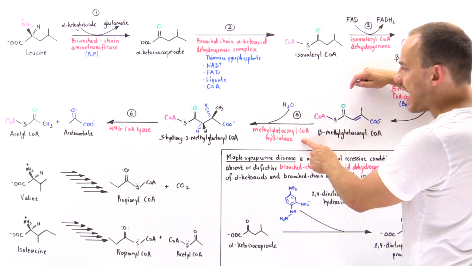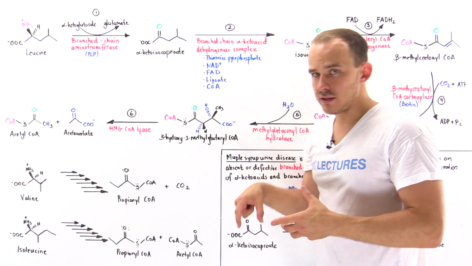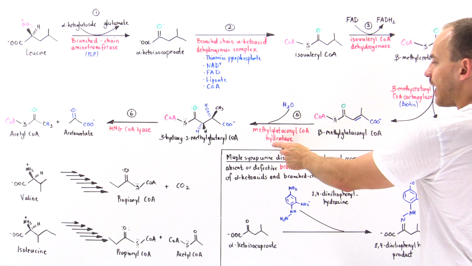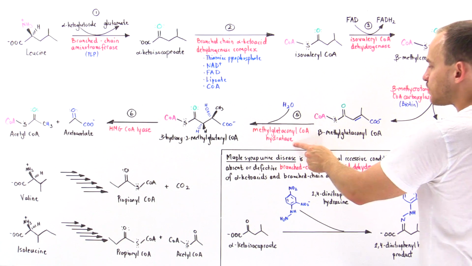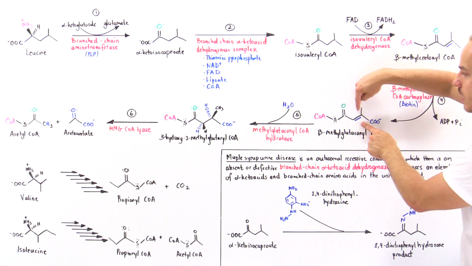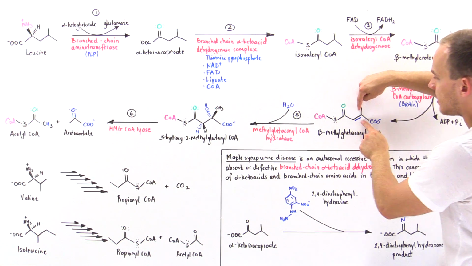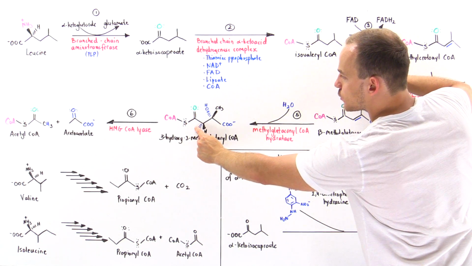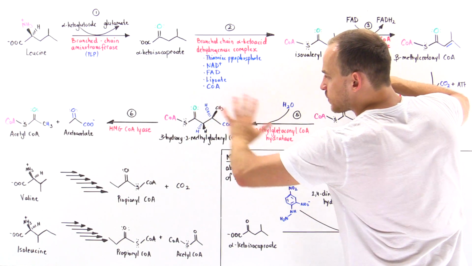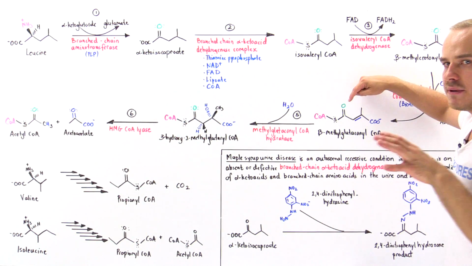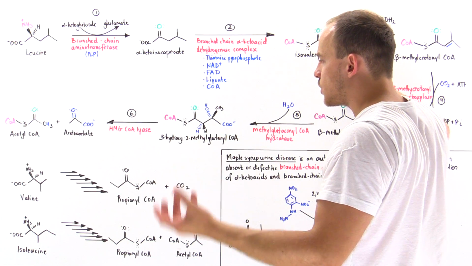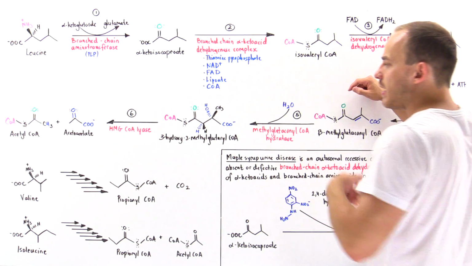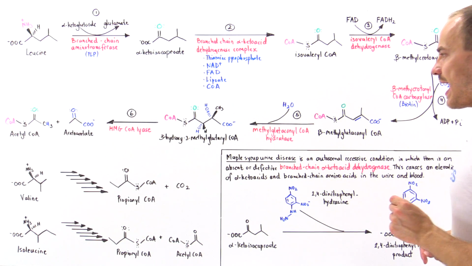So an incoming water molecule is used by an enzyme called methylglutaconyl coenzyme A hydratase to form the hydroxyl group here in this orientation, and an H atom in this orientation as shown here. This molecule we actually saw before when we discussed ketone body synthesis. So we have 3-hydroxy, 3-methylglutaryl coenzyme A.